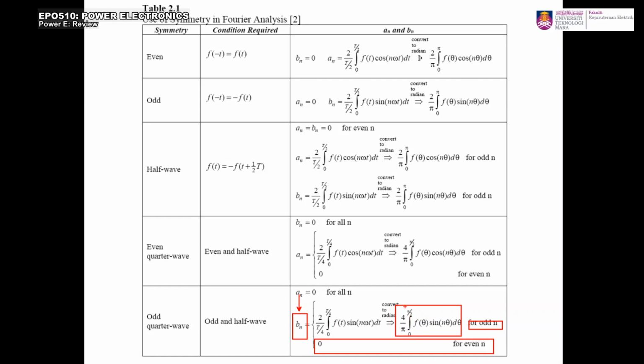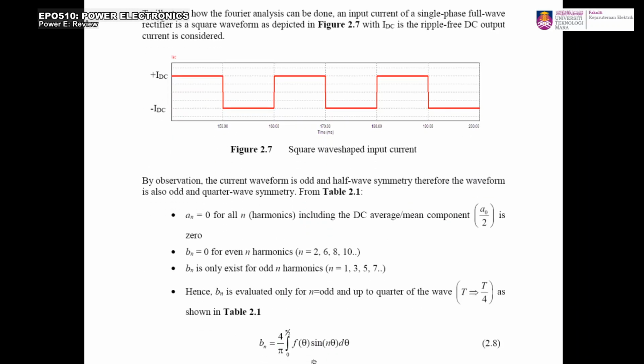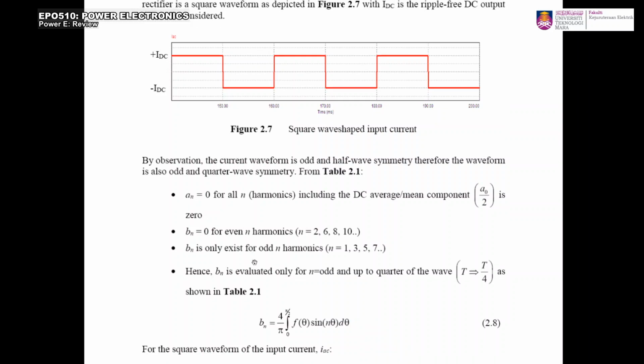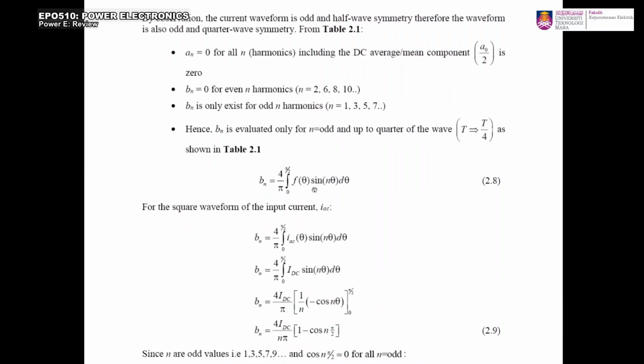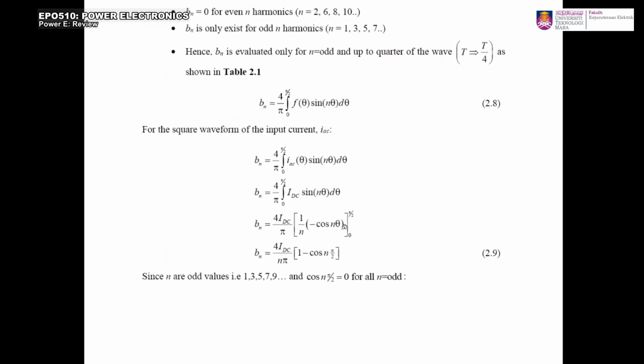So I'm going to use this equation to evaluate the square waveform. So this is the square waveform. From the table, an is 0 and the rest. Okay, just read that, and then you focus on solving the bn. It's very simple. It's a constant IDC. If you integrate a constant, you get only the x.